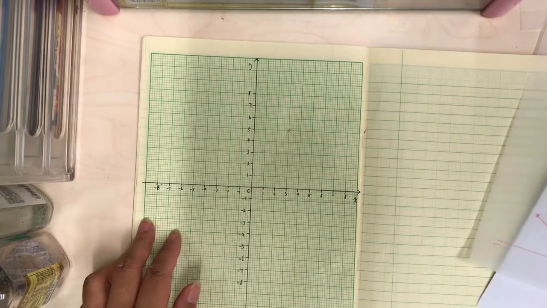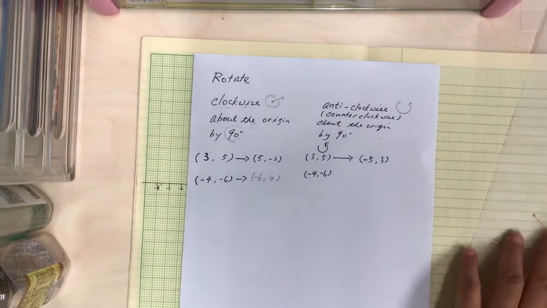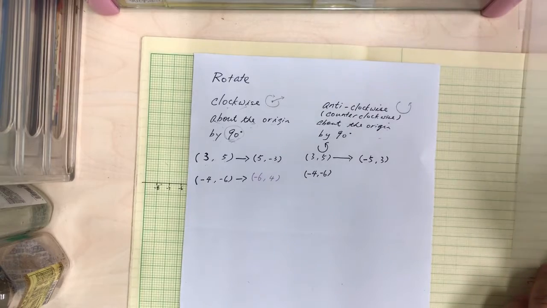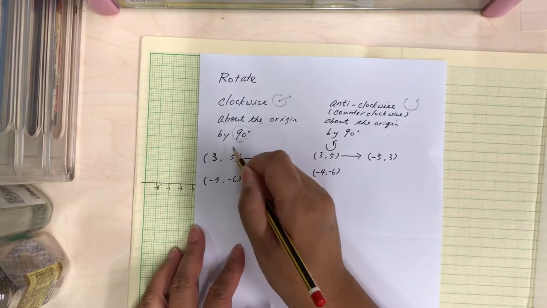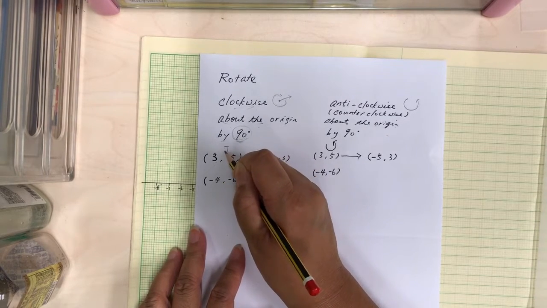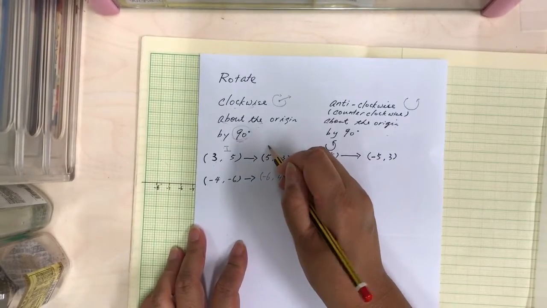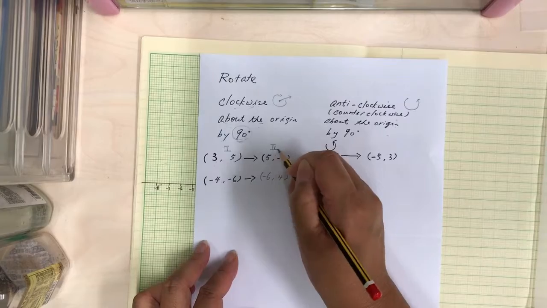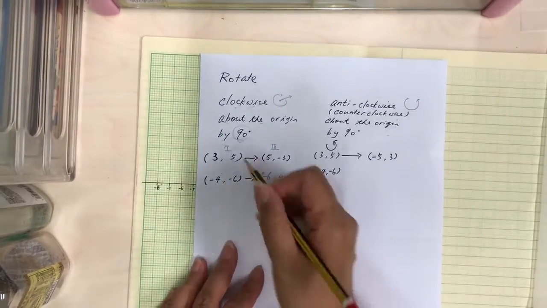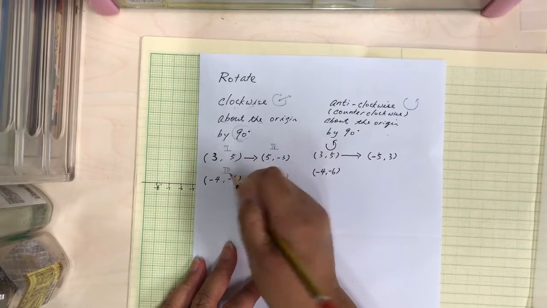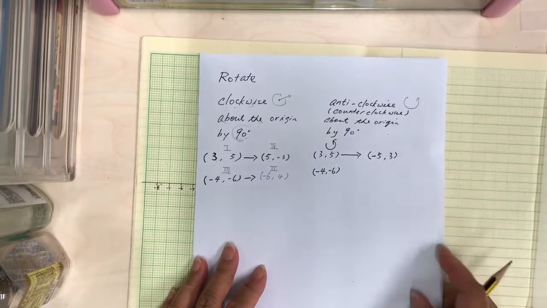And if you look at what we have got, together with the results from last time, this point is in the first quadrant, and after this rotation, this point is in the fourth quadrant. For this one, originally it is in the third quadrant. After the rotation, this is in the second.